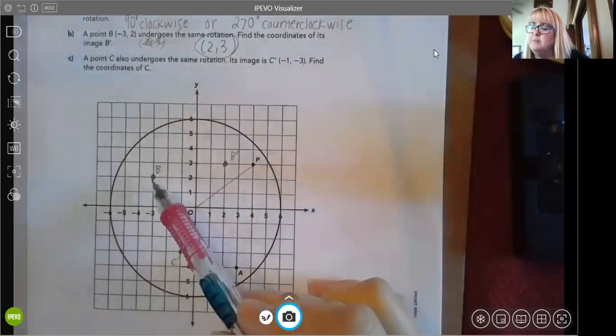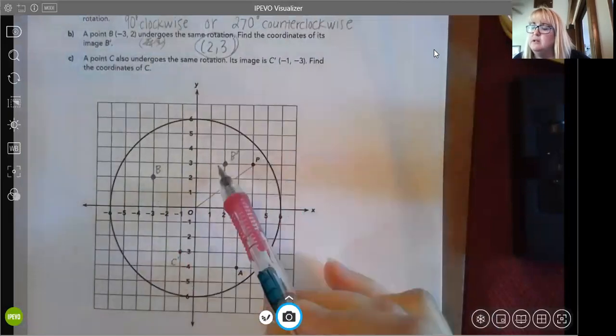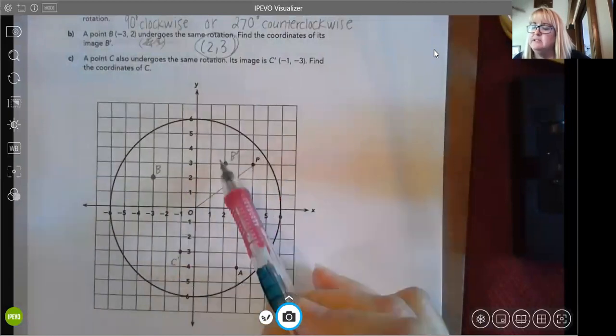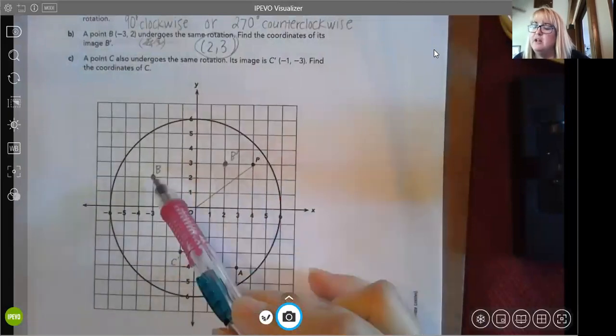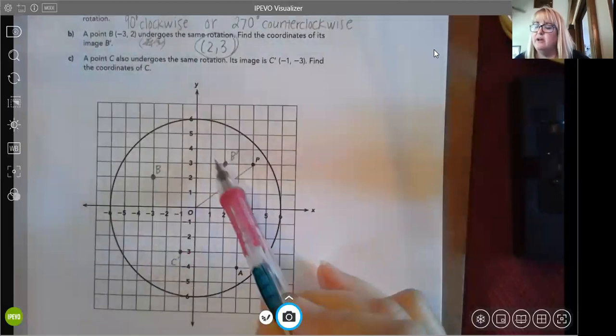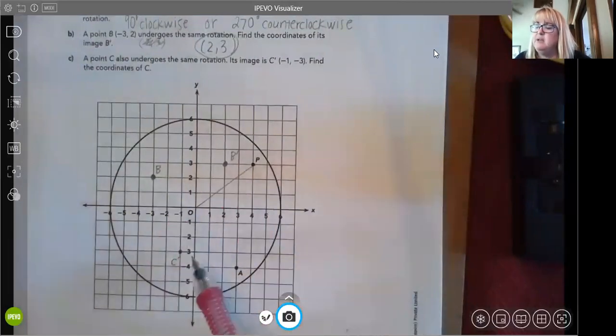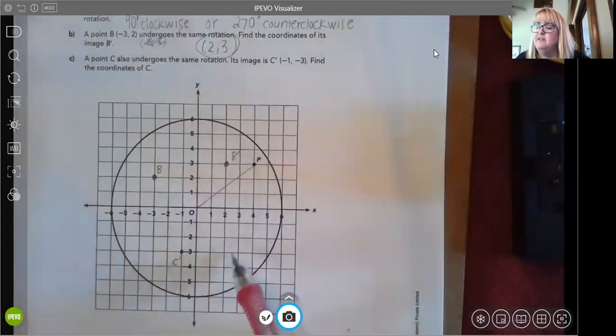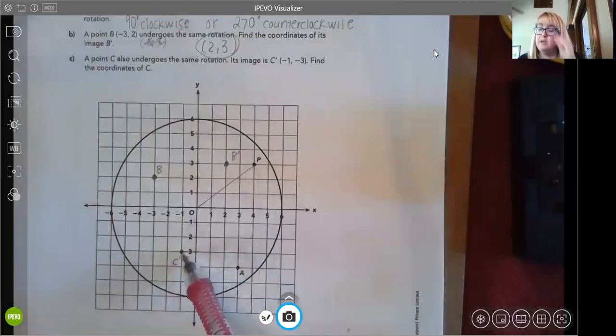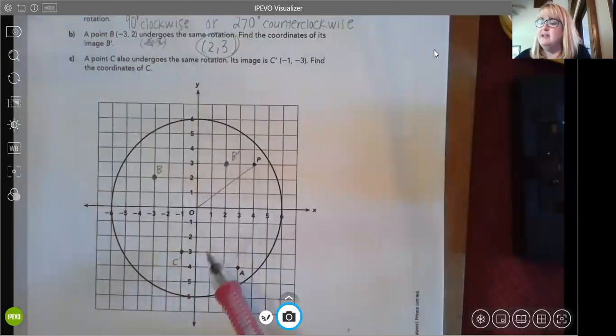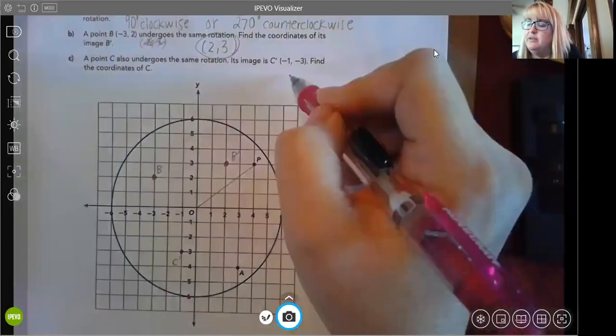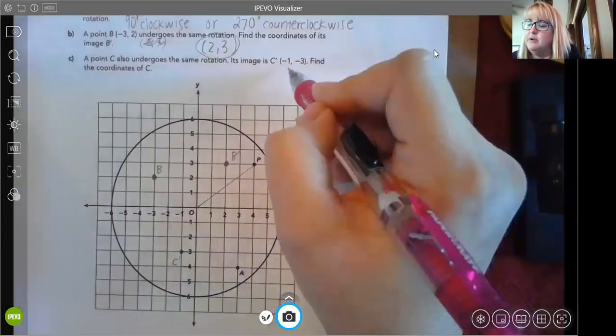B moves from here to here, so it is going 90 degrees clockwise. So going back to the original is 90 degrees counterclockwise. C is going to be over here somewhere. Okay, does that make sense? If it's here, then it can move 90 degrees here. Okay, we are moving 90 degrees. 1 and 3 becomes 3, 1.